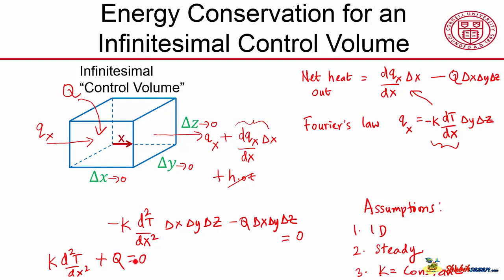That's called the heat equation, and it represents energy conservation for an infinitesimal control volume. That's the governing equation. This is defined over the length of the bar, and we need to add in the boundary conditions, which I'll do when I summarize the mathematical model.